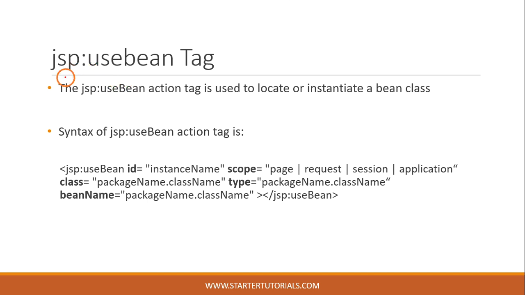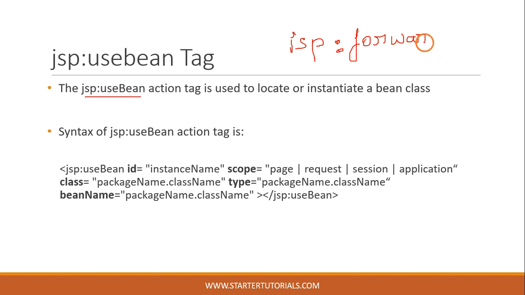Now, how do we implement or use Java beans in JSP pages? We have an action tag called the useBean tag. In one of the previous experiments, we have already seen the JSP forward tag, right? What is the use of the forward tag?